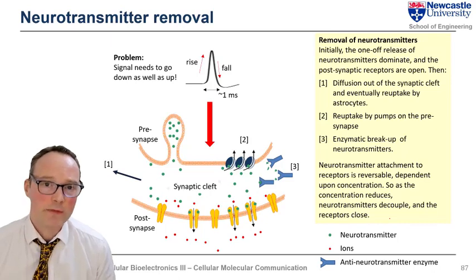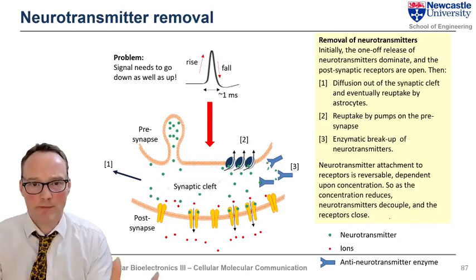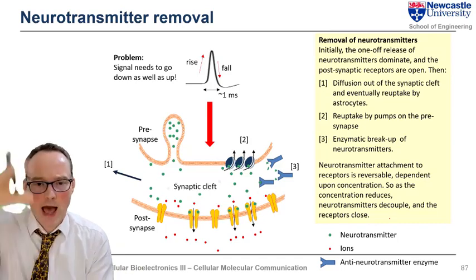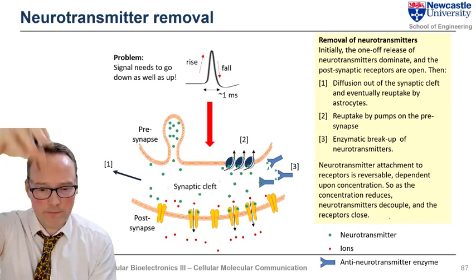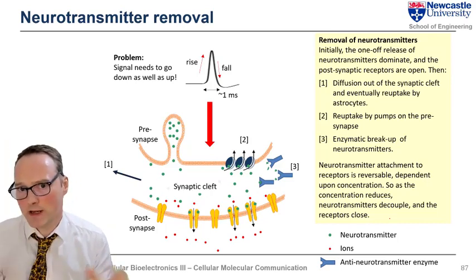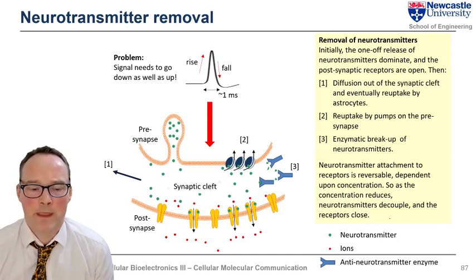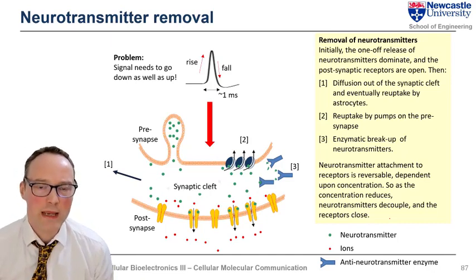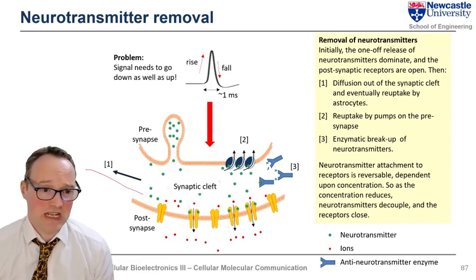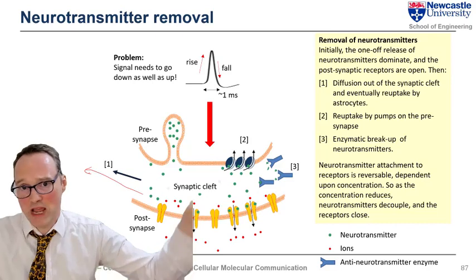Now, we mentioned before about the synaptic cleft and roughly speaking how the synapse worked, and we mentioned that as neurotransmitters are released, they have to be removed again, and there's really three possibilities for that removal process. The first is just that it leaves and goes somewhere else and spreads out.